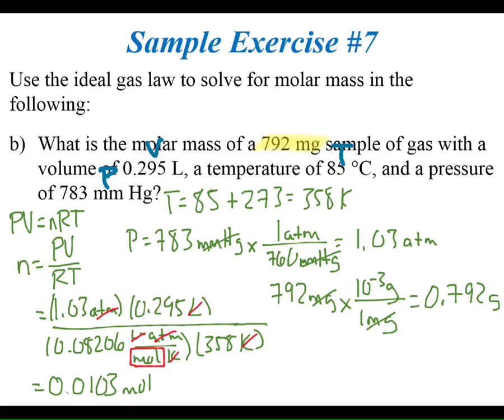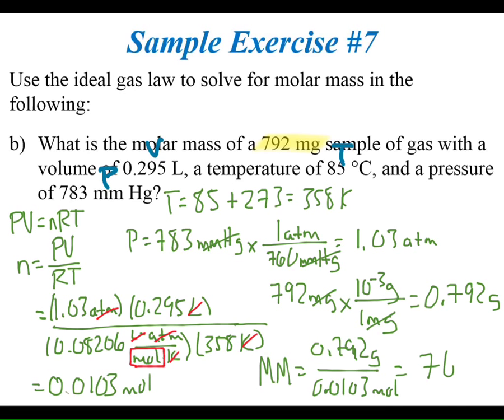So the molar mass, MM, is going to be 0.792 grams over 0.0103 moles. And what did you get? 76.9. Awesome.